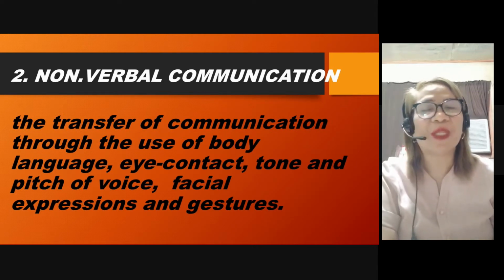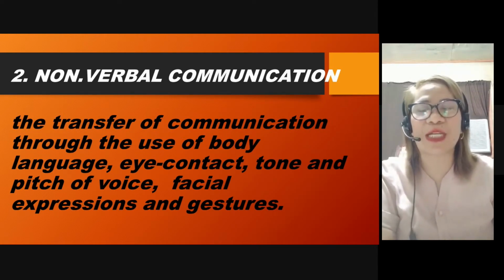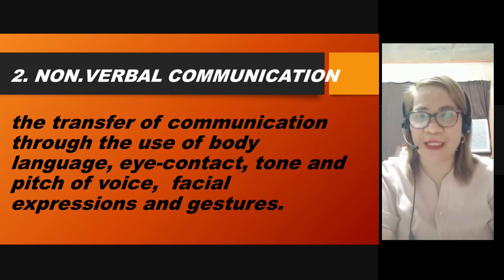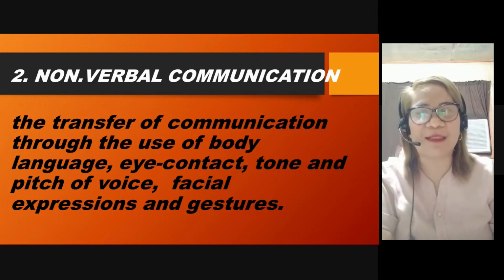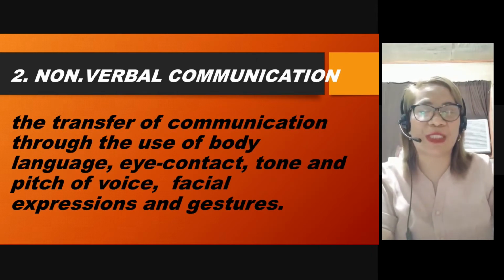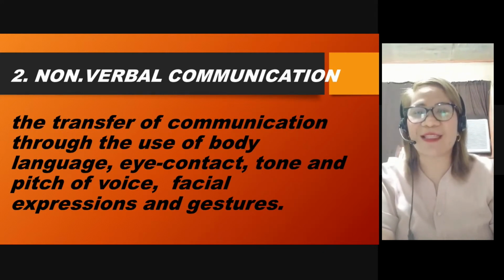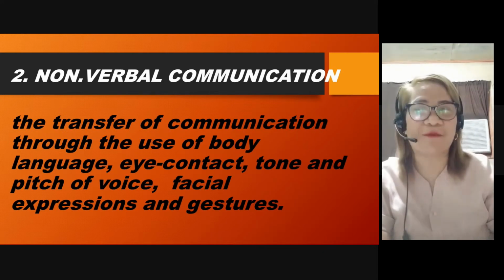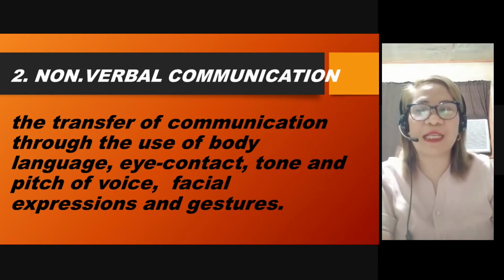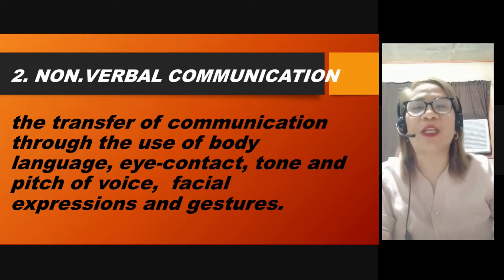So I repeat, non-verbal communication is the transfer of communication through the use of body language, eye contact, tone and pitch of voice, facial expressions, and gestures. Okay? So that is the difference between verbal communication and non-verbal communication.